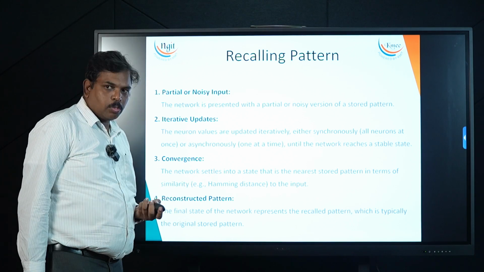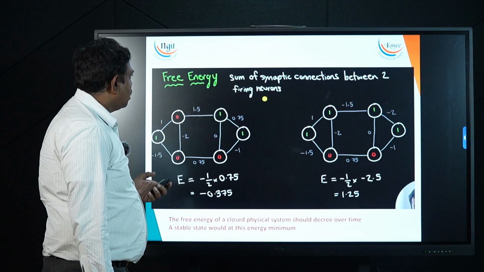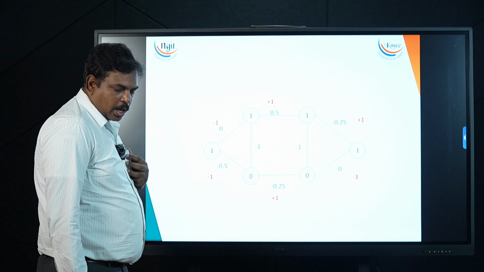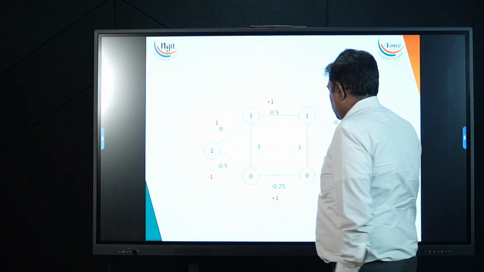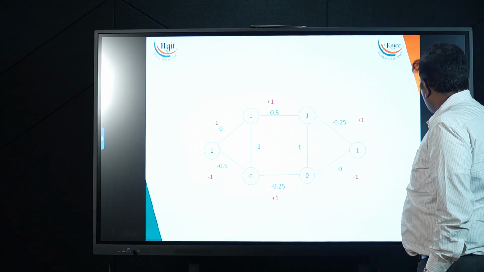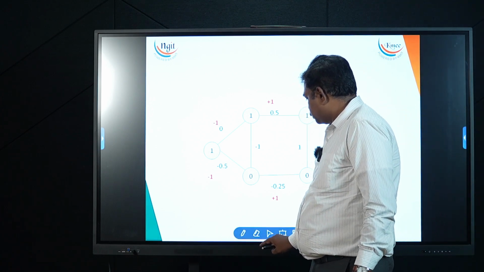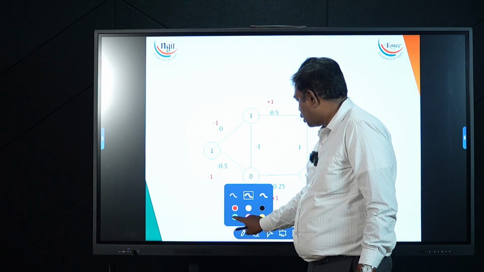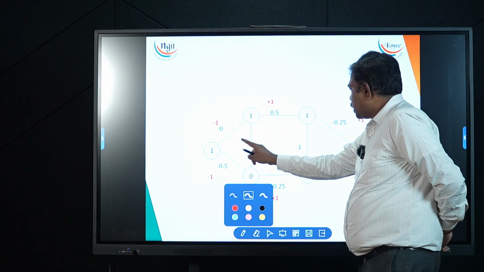Let us see with an example how this Hopfield network works, with a diagram. Now, see, this is a simple neural network. There are 6 neurons.